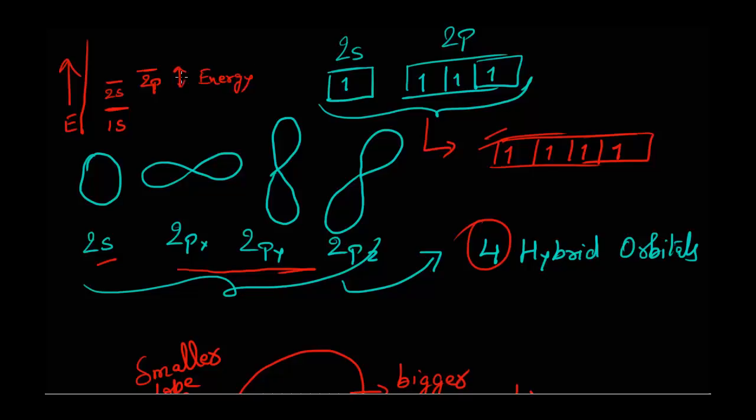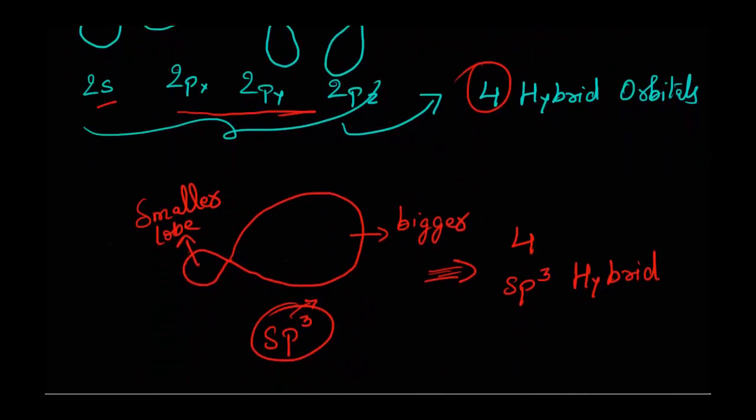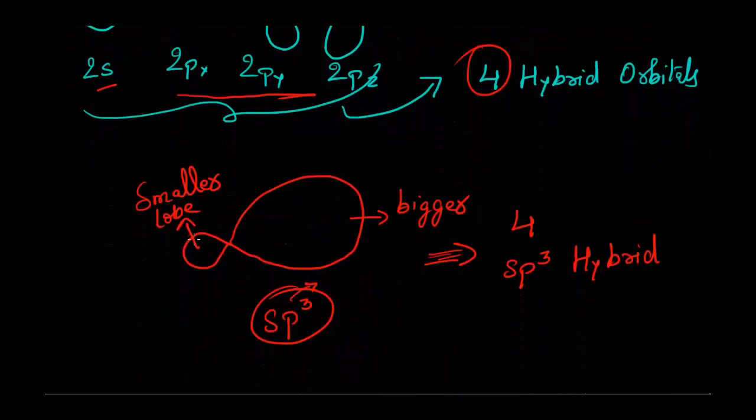But whenever these intermix together and form hybrid orbitals, the hybrid orbitals will be of equal energy. So all the electrons will be of equal energy. And the sp3 hybrid orbital will look something like this.